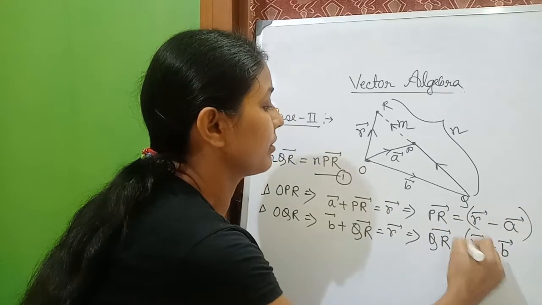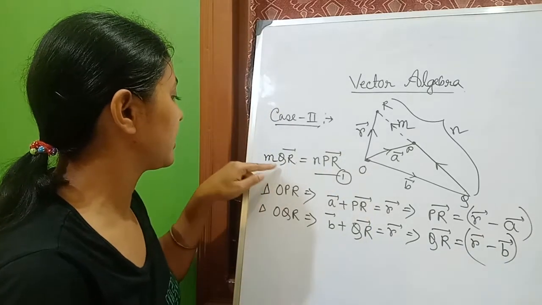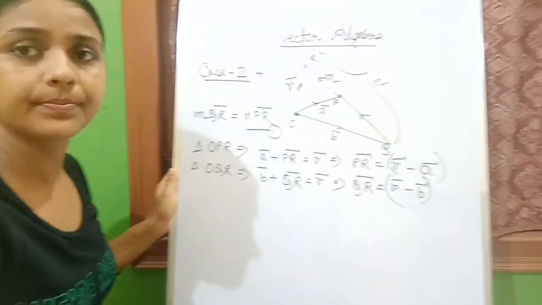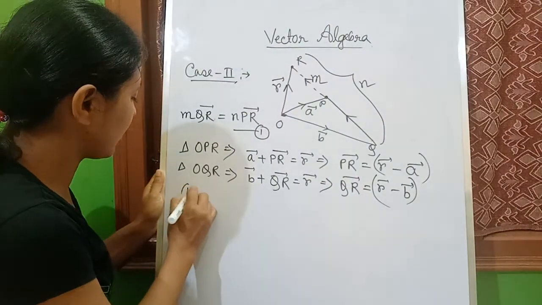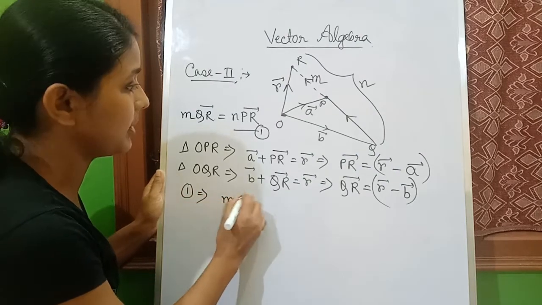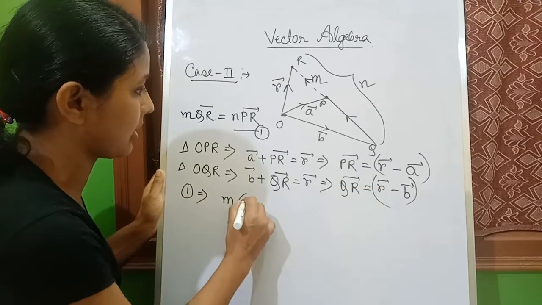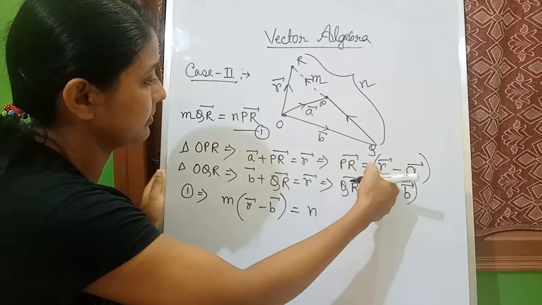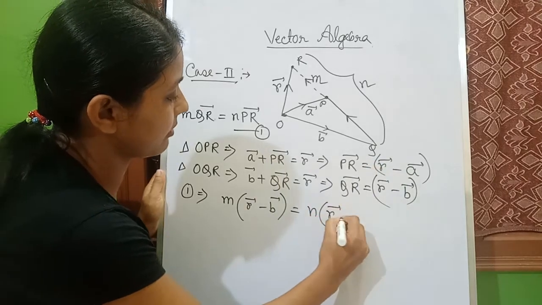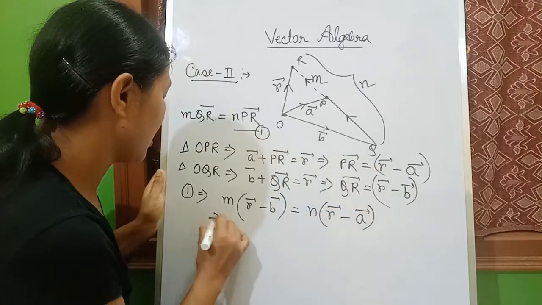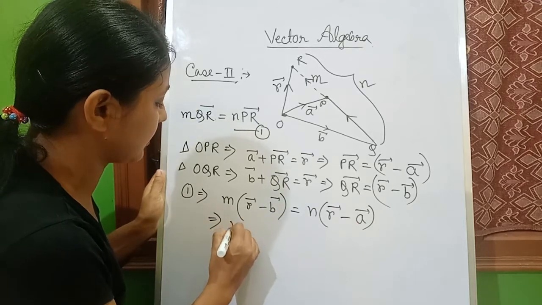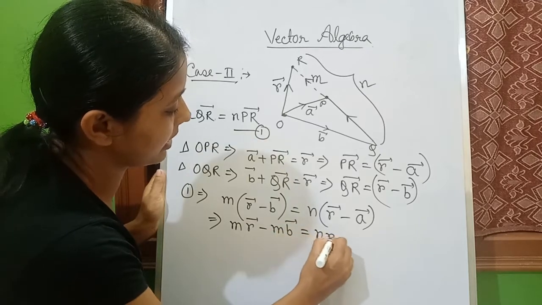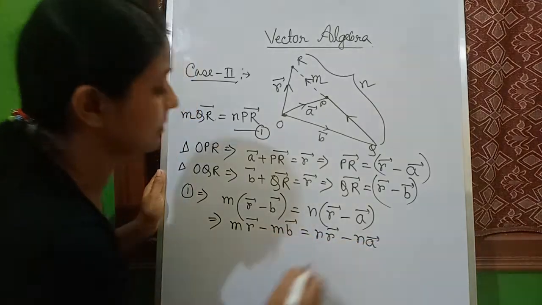So we have got both the values. We can now replace these two values here in the first equation. So from number 1 equation we can write M into QR vector, that is R vector minus B vector, equals N into PR vector, that means this R vector minus A vector. From this we can get the calculation as M R vector minus M B vector equals to N R vector minus N A vector.